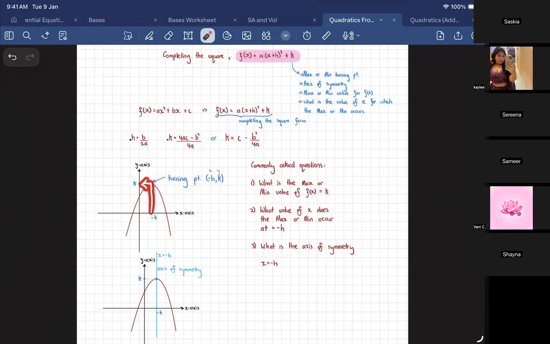A turning point is made up of an x and a y value, but I'm asking you, when x is minus h, what are you going to get? Like the maximum value, the minimum value. That's what I mean. Watch. When x is minus h, you will get a maximum.